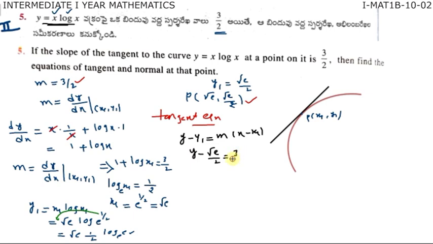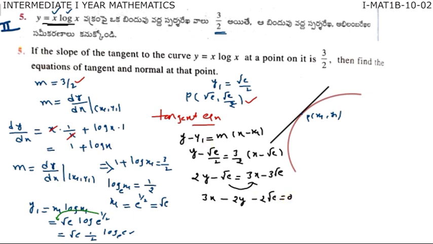M is 3 by 2 into x minus x1, which means x minus root e. So, cross multiplying, 2 into y is 2y, minus root e. On the other side, 3x minus 3 root e. So, taking these terms to one side, you will get 3x minus 2y minus 2 root e is equal to 0. So, this is the equation of the tangent.